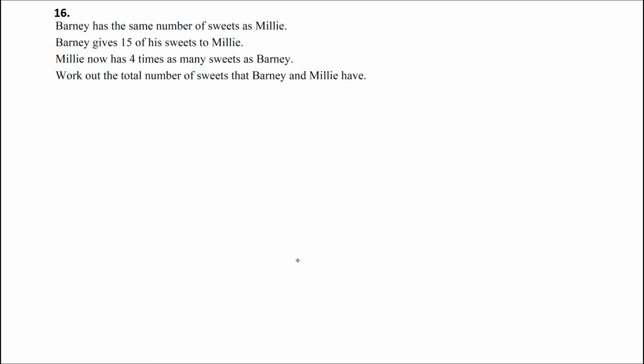So basically, we don't know how many sweets each of them had initially. So you can say let x be the number of sweets Barney and Millie had in the beginning.